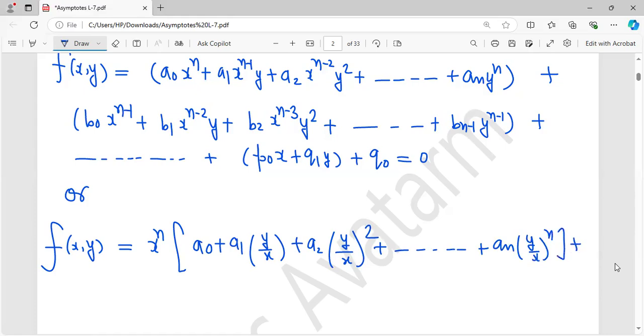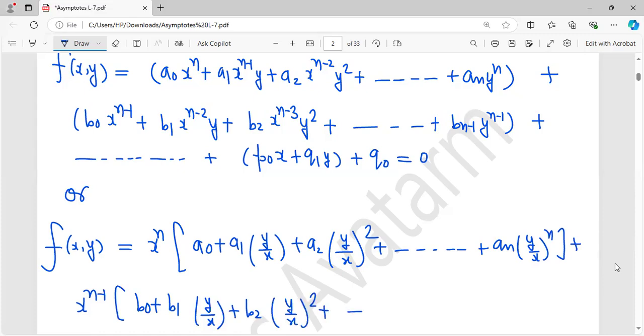Plus b0 + b1 (y/x) + b2 (y/x)^2, up to b(n-1) (y/x)^(n-1).